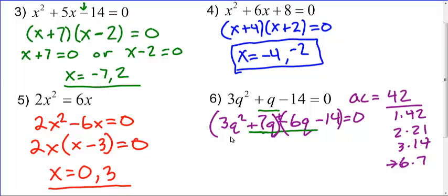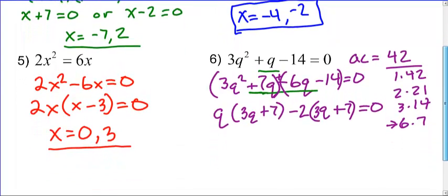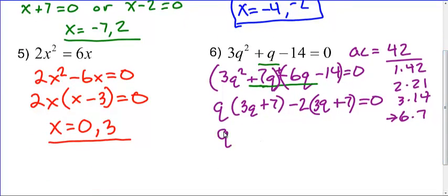So here we go. First two, I'm going to factor out a q. That's going to give me 3q plus 7. 3 and 7 are both prime. I can't do anything else with those. The last two terms, I can factor out a 2, and I would have 3q plus 7. This is all still equal to 0. And to finish off our group factoring, this would be q minus 2 times 3q plus 7 equal to 0.